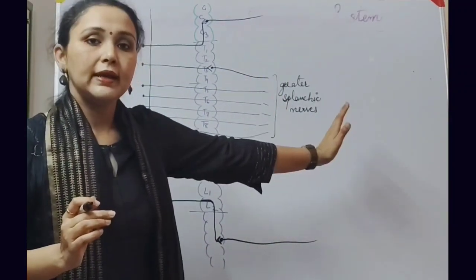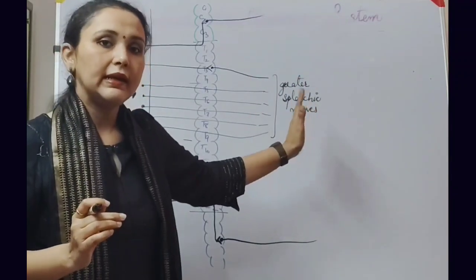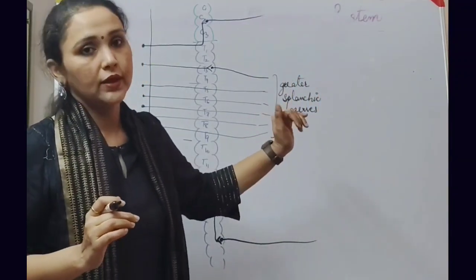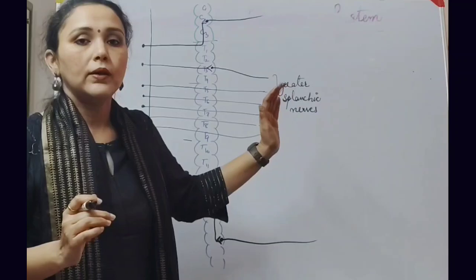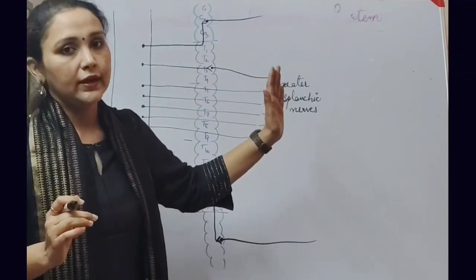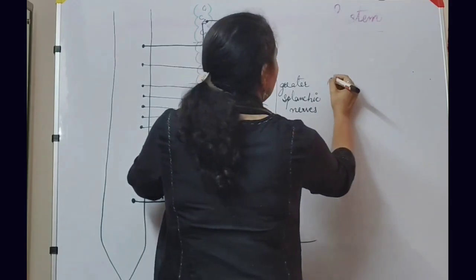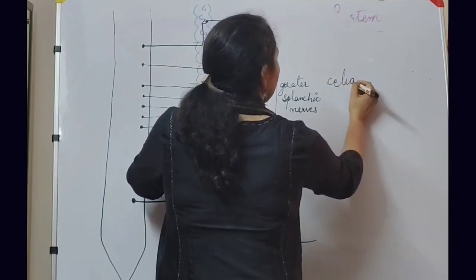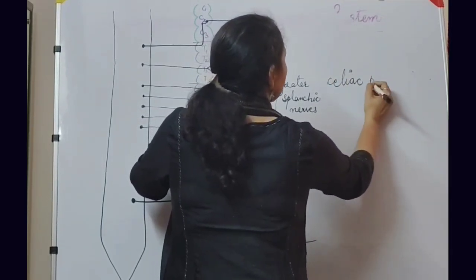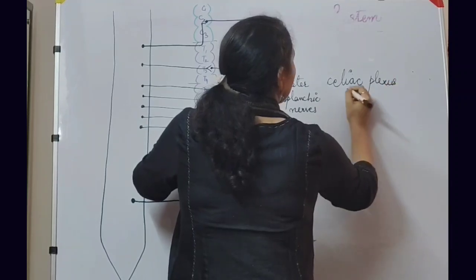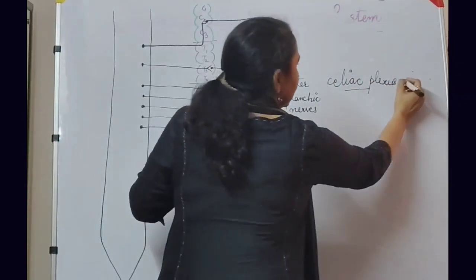Now, where will they relay? They will definitely relay, but they will relay close to their target organ, and we call them as peripheral sympathetic ganglion because they are in the periphery. So where these greater splanchnic will relay? They will relay in a celiac plexus and will supply the GIT.